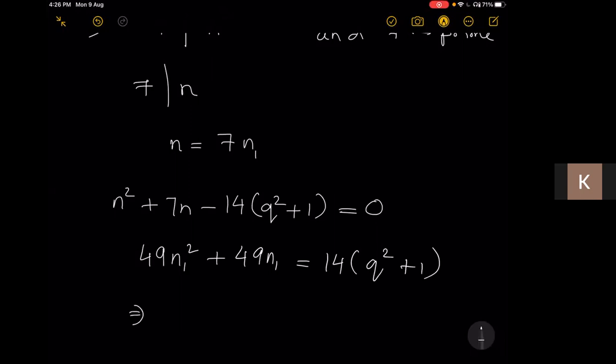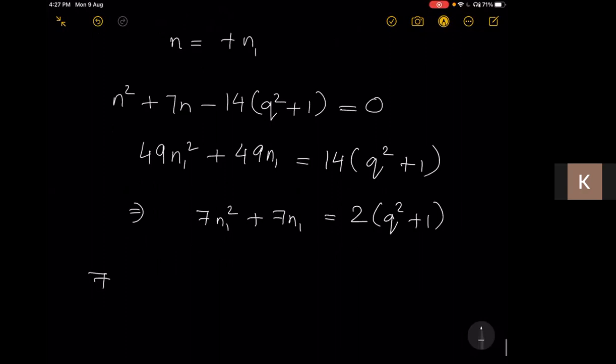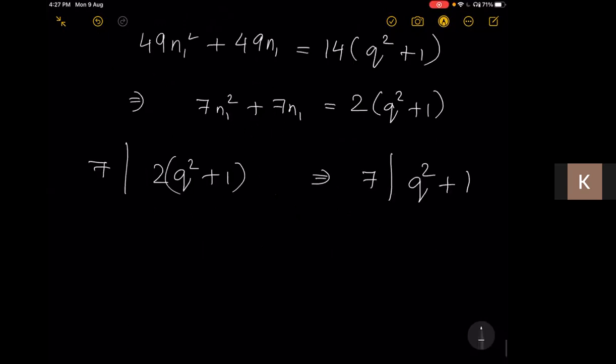Now if I cancel, I will get 7 n1 square plus 7 n1 equal to 2 into q square plus 1. So again, 7 divides 2q square plus 1 and 7 is a prime. 7 does not divide 2, so 7 divides q square plus 1. So q square plus 1 is congruent to 0 mod 7. q square is congruent to 6 mod 7.